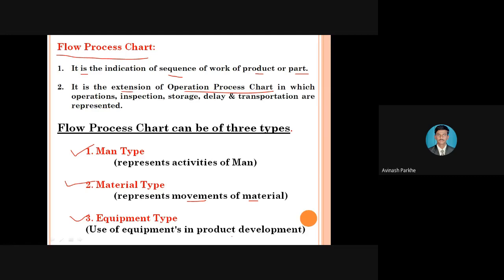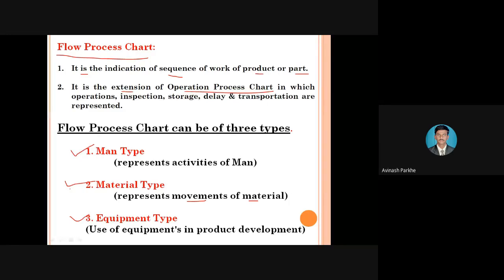After the boring, if it is going for facing, threading, chamfering, or some final finishing is required, all the movements performed by the equipment will be represented by using this particular equipment type of flow process chart. So these are the three types: man type, material type, and equipment type.